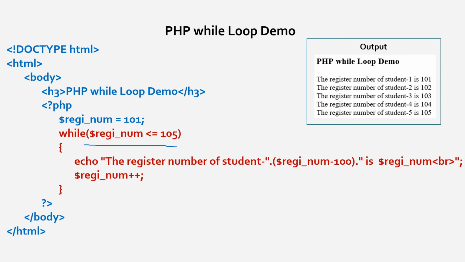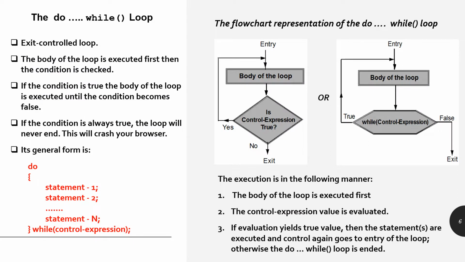This is about while. We have discussed that in the while loop, before entering the loop, it will check the condition and then only we can enter into the loop. But that is not true in the case of do-while. Initially it will allow you to enter into the loop.